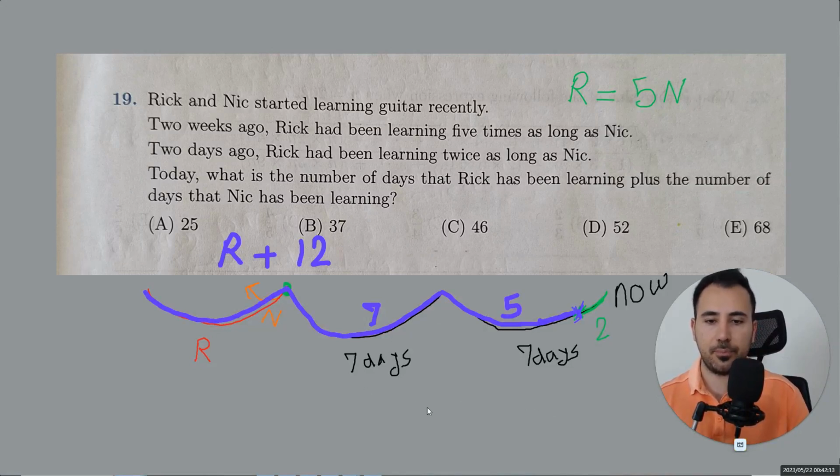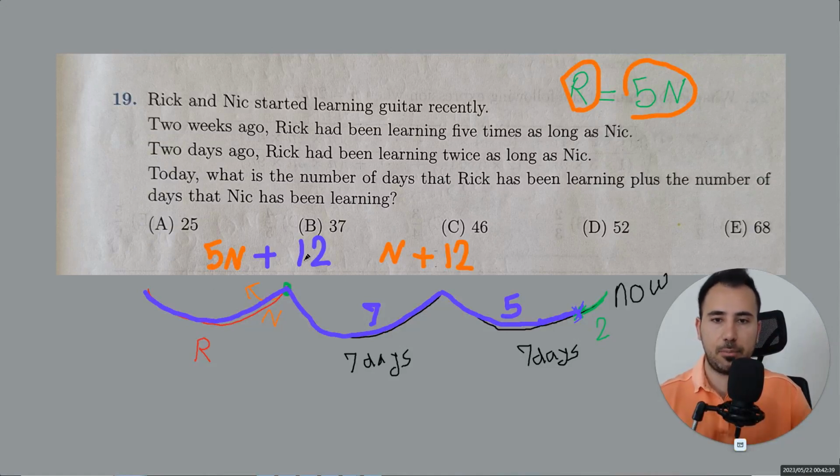So that's for Rick. How about Nick? Nick, okay, it's just the same thing. 12 days, but plus n. This is for Nick. Now we have this equation over here. Instead of R, we're going to write 5n. That's for Rick.